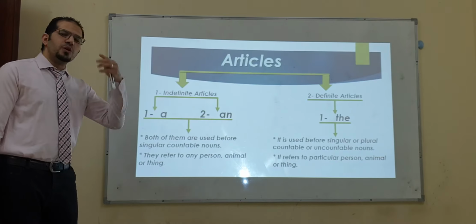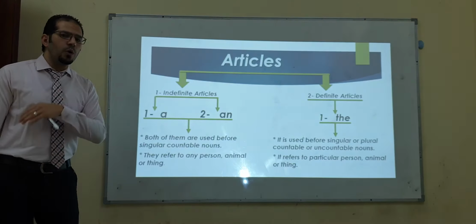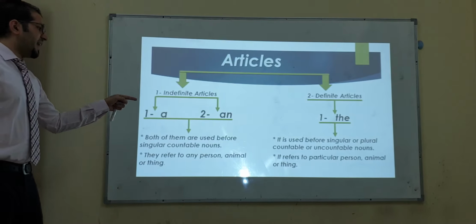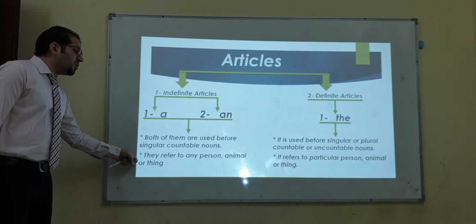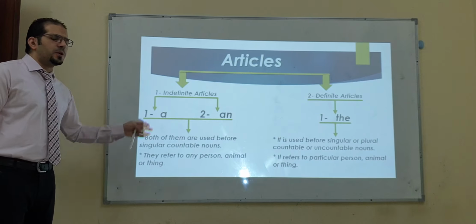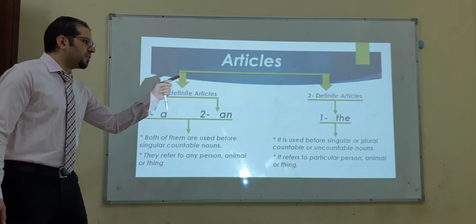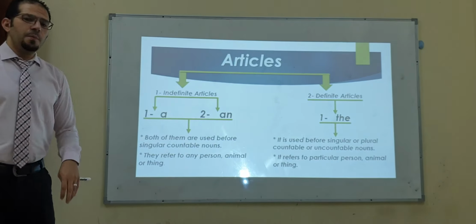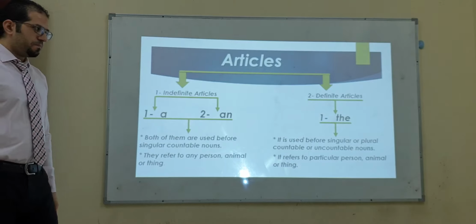The is used before singular, plural, countable, or uncountable nouns. Indefinite articles a and an are used to refer to any person, but the is for a particular or specific person, animal, or thing.